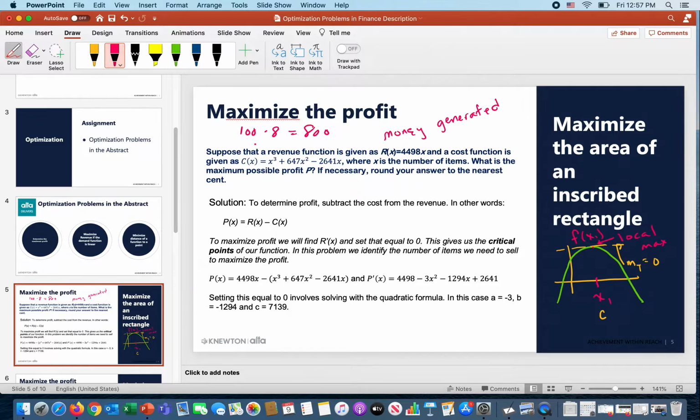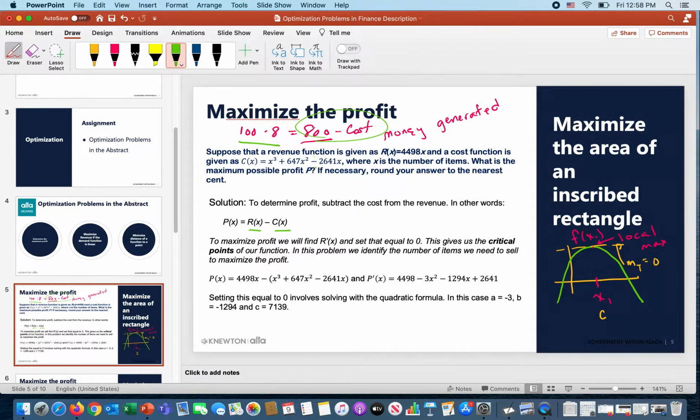But it cost her a little bit. She doesn't keep all $800. She has to subtract out her cost. So these are the two functions we're going to be focusing on today: revenue and profit. Our profit is found when we take the revenue and subtract the cost.